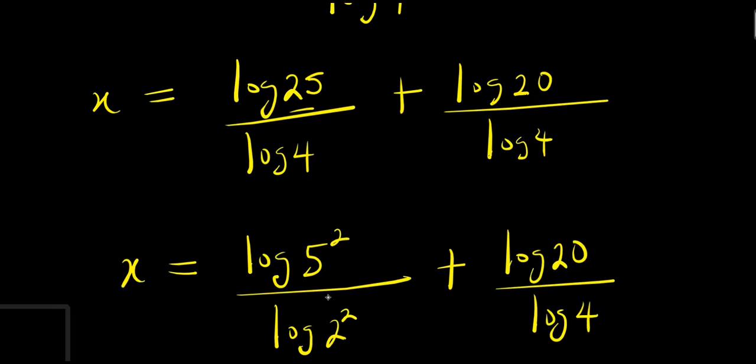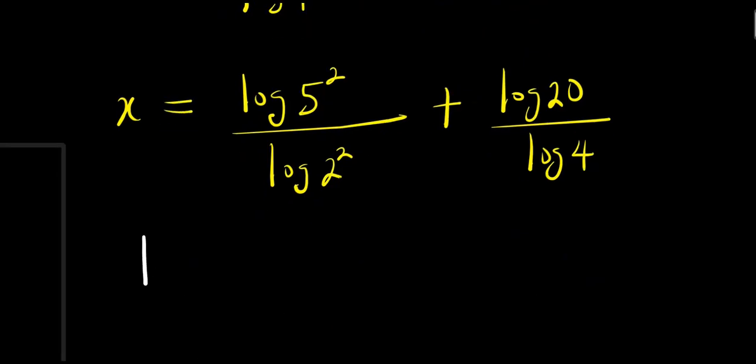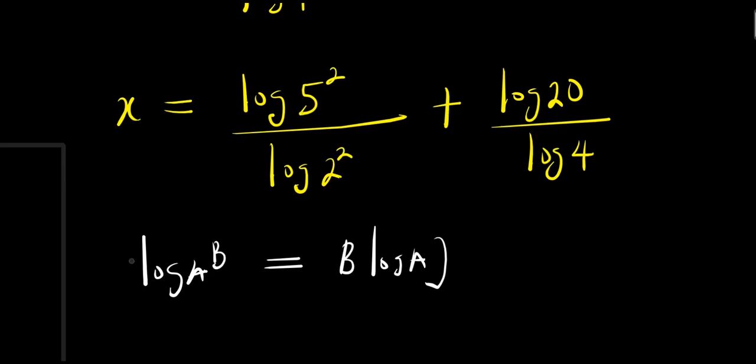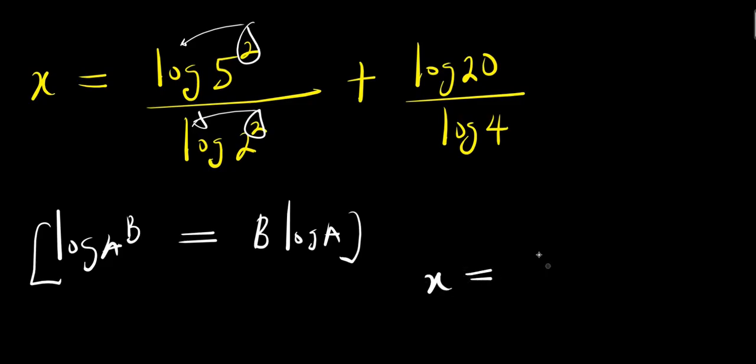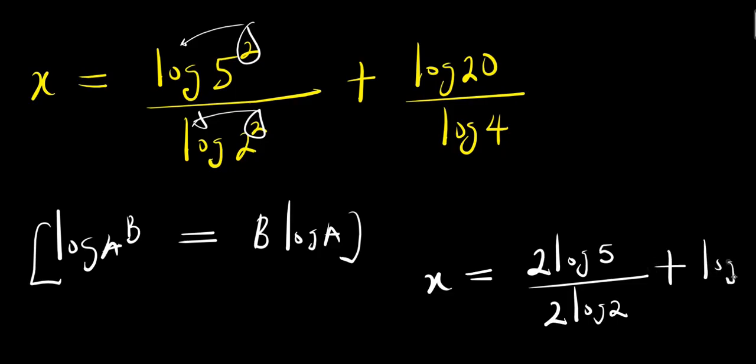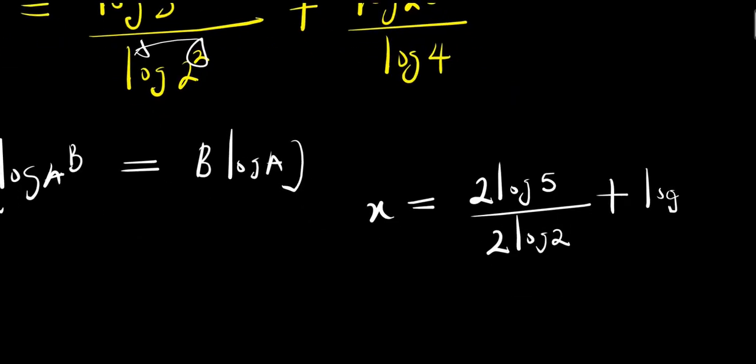So from here, if you have log a power b, this equals b times log a. So the 2 comes over here, and this also comes over here. So what we are going to have will be x equals 2 times log 5 divided by 2 times log 2 plus log 20 divided by log 4.